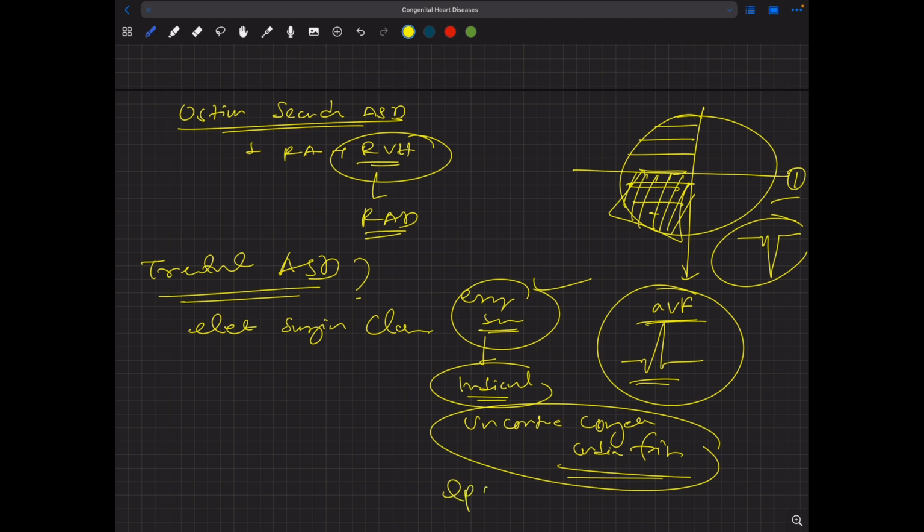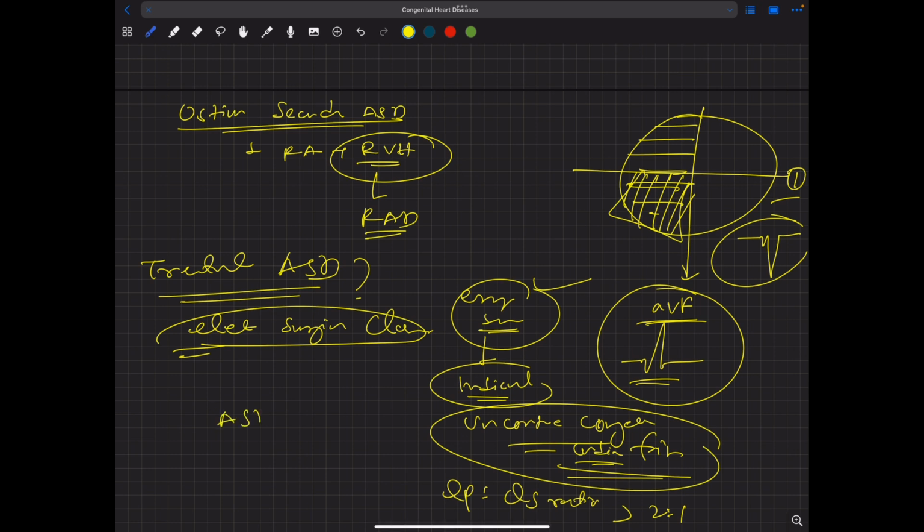Here the QP to QS ratio is more than 2:1. And in case of elective surgical closure, there are no complications such as congestive cardiac failure. The indication is ASD persisting beyond 3 to 5 years, up to school going age, as most ASDs close spontaneously.